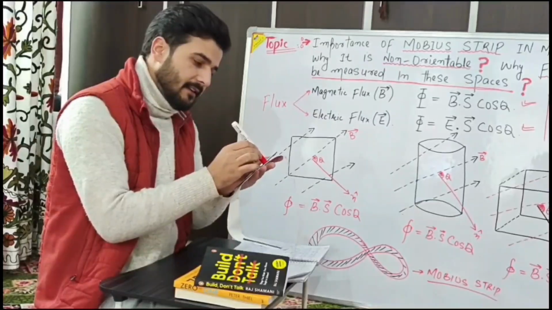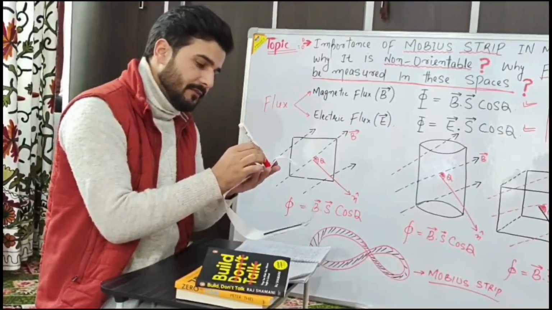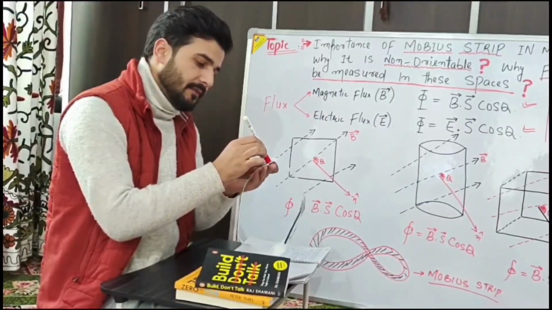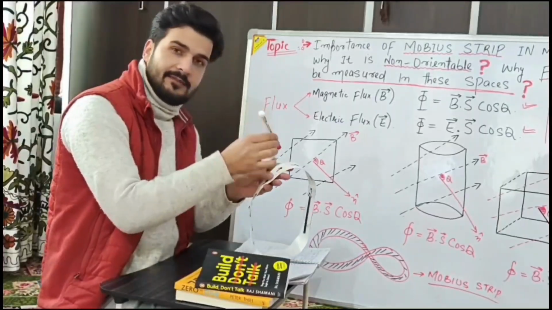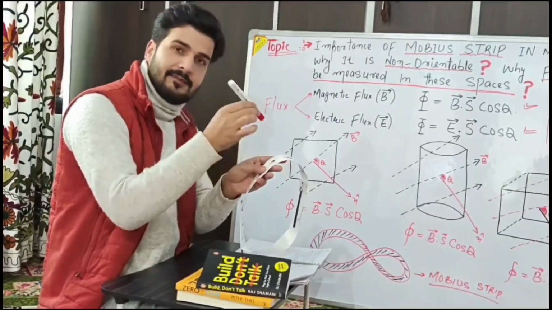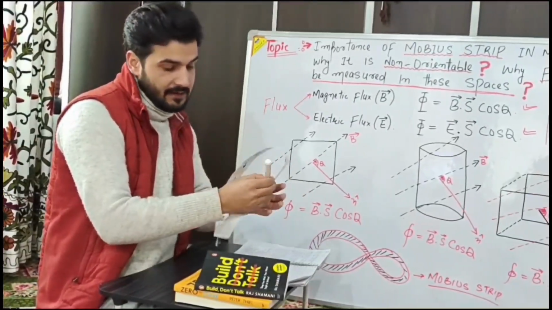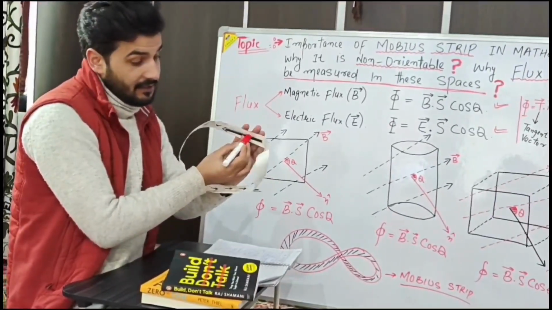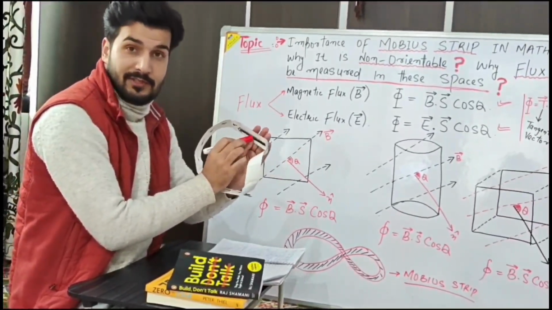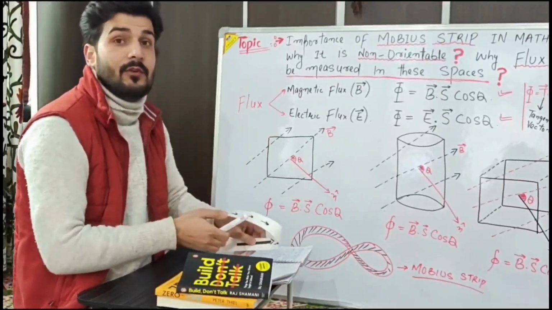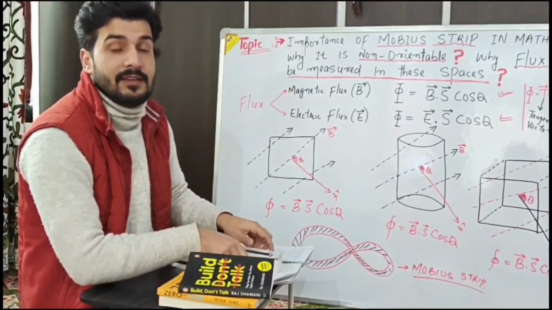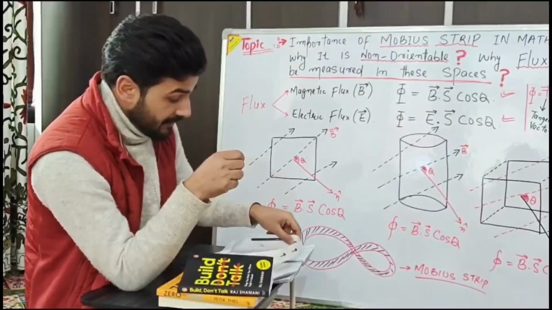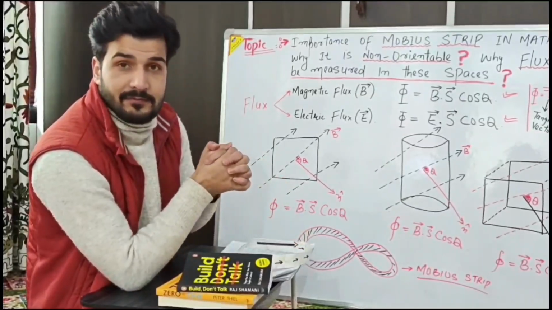Whenever it moves, its direction is outside here. But here, the direction of the normal vector is towards the center of the Möbius strip. It is inside. So from this, what can we conclude? We can conclude that the Möbius strip is non-orientable.